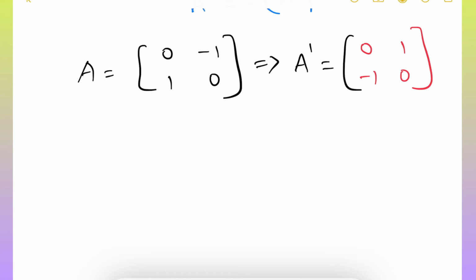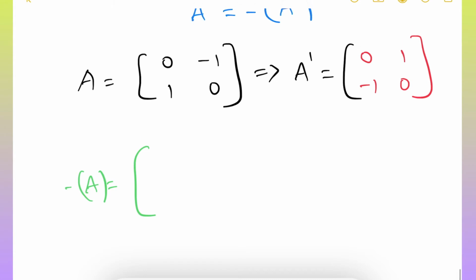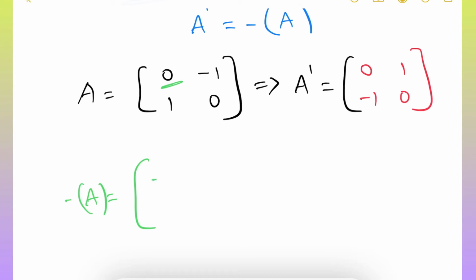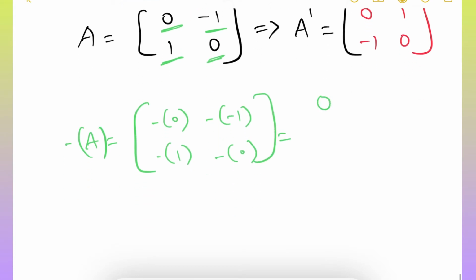Let us find minus A. Minus A is nothing but in the given matrix A, each and every element we multiply with minus. So first 0 is there, so minus into 0. Next minus 1 is there, minus into minus 1. Next 1 is there, minus into 1. Next 0 is there, minus into 0. If you simplify this, minus into 0 is 0, minus into minus 1 is plus 1, minus into 1 is minus 1, minus into 0 is 0.